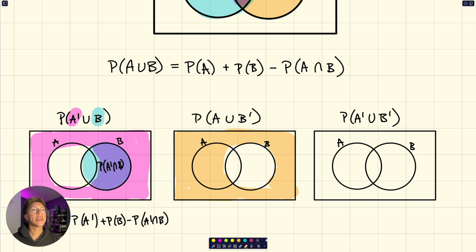And then similarly, if we did our very last one over here, the probability of A naught union B naught, A naught is everything outside of here, outside of A, like that. The probability of B naught is everything outside of B. And when we add those together, that's everything inside of our diagram except for the intersection.